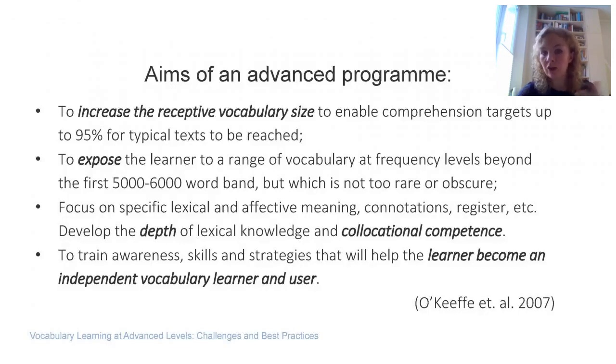And, well, collocational competencies. You know how to use collocations correctly in your speech, for example. And finally, to train awareness, skills, and strategies that will help the learner to become an independent vocabulary learner and user. And we're going to look at some activities on how to do that. Right.